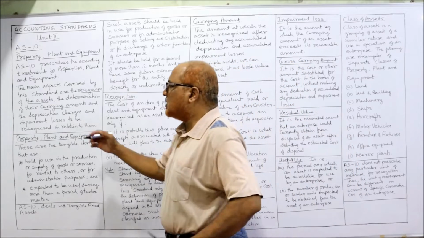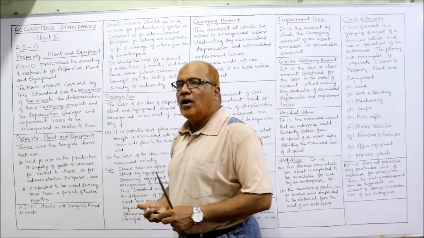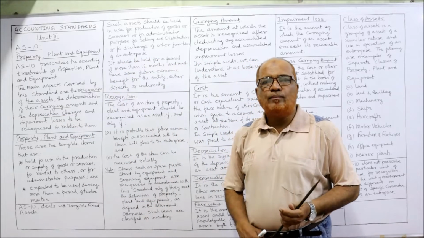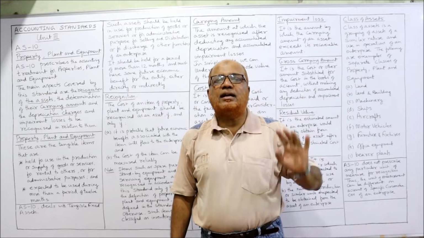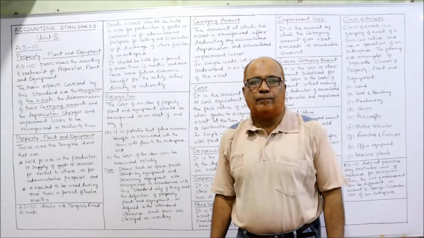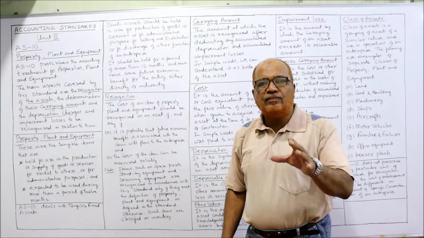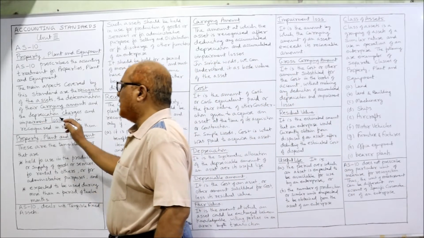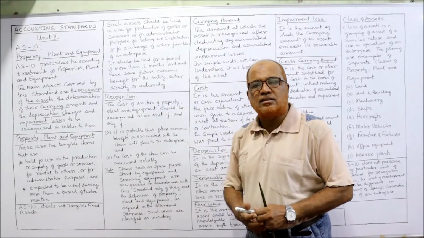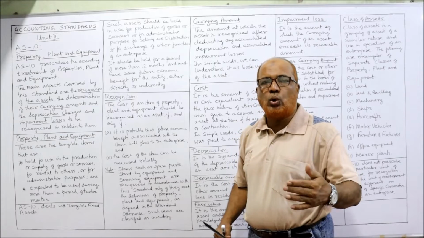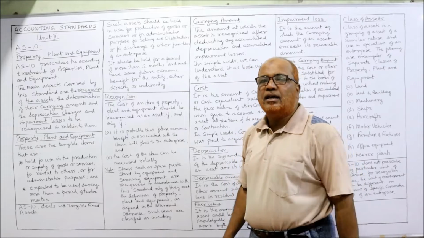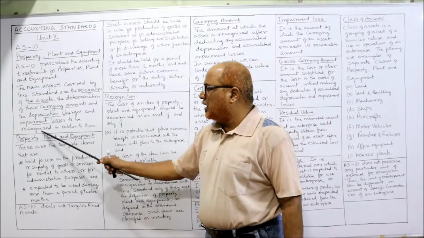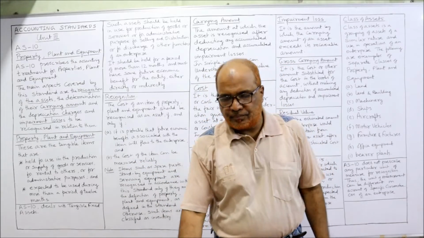Thirdly, depreciation charge. How much is the current year depreciation and how much is the accumulated depreciation over the period of time? Last one, if there are any impairment losses, that should also be shown, and how you have treated the impairment losses to be recognized. That's it.